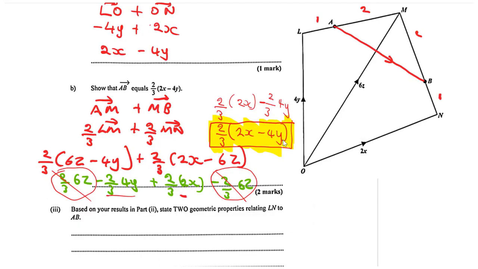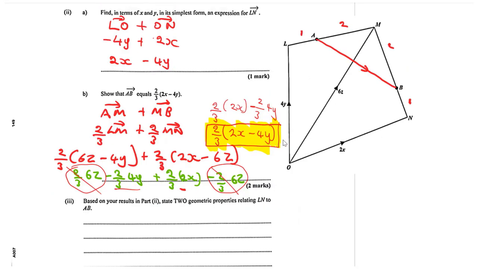So the next part of the question, based on your results in part 2, state 2 geometric properties relating LN to AB. We have shown that vector LN is 2x minus 4y, and we also showed that vector AB is 2/3 (2x minus 4y).